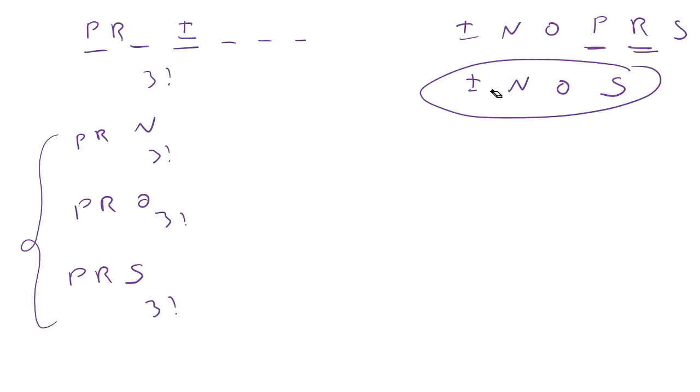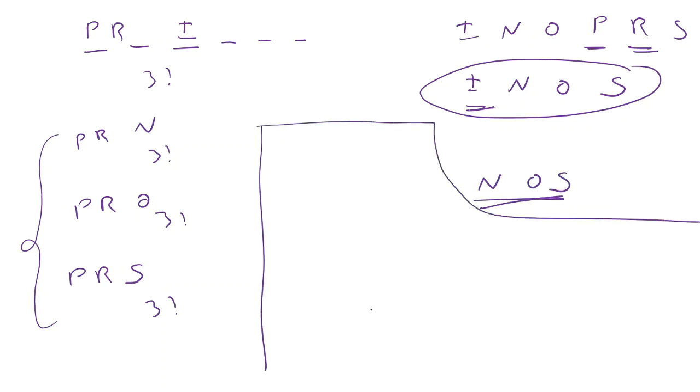So after fixing I, what are the letters that are left? N, O, S. After fixing I, the letters that are left are N, O and S. Now let me write down all the words which begin with PRIN, all the words which begin with PRIO, and all the words which begin with PRIS.